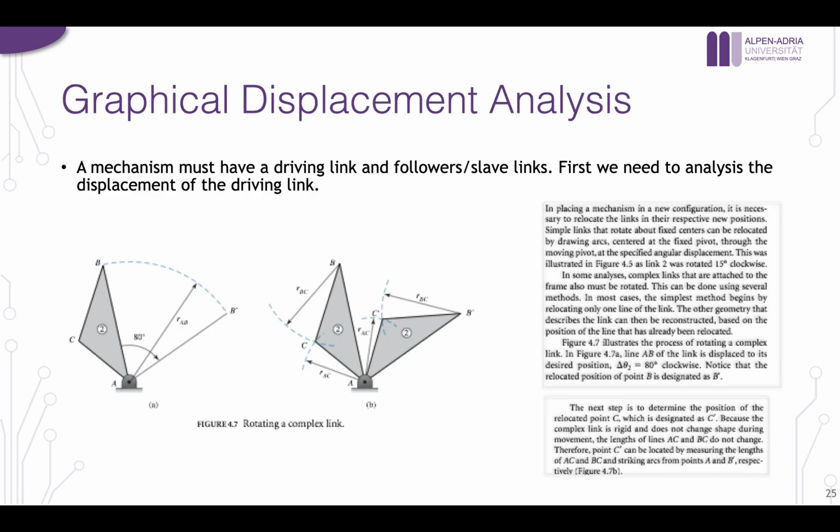And there are different ways to do displacement analysis. One simple way, but not the most accurate, of course, is the graphical displacement analysis. And this should be something simple for you.